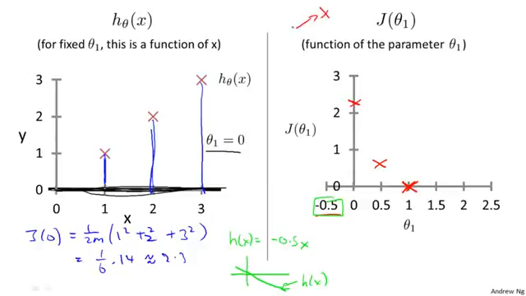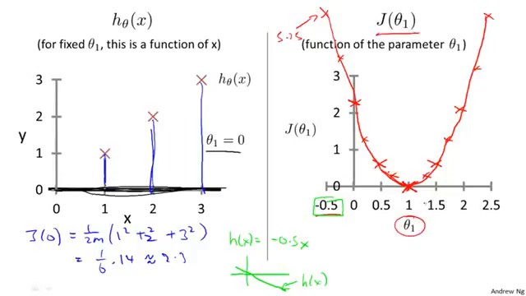It works out to be something like 5.25. And so on. And for different values of theta 1, we can compute these things. And when you compute the values, you get something like that. And by computing the range of values, you can slowly trace out what this function J of theta looks like. And that's what J of theta is.